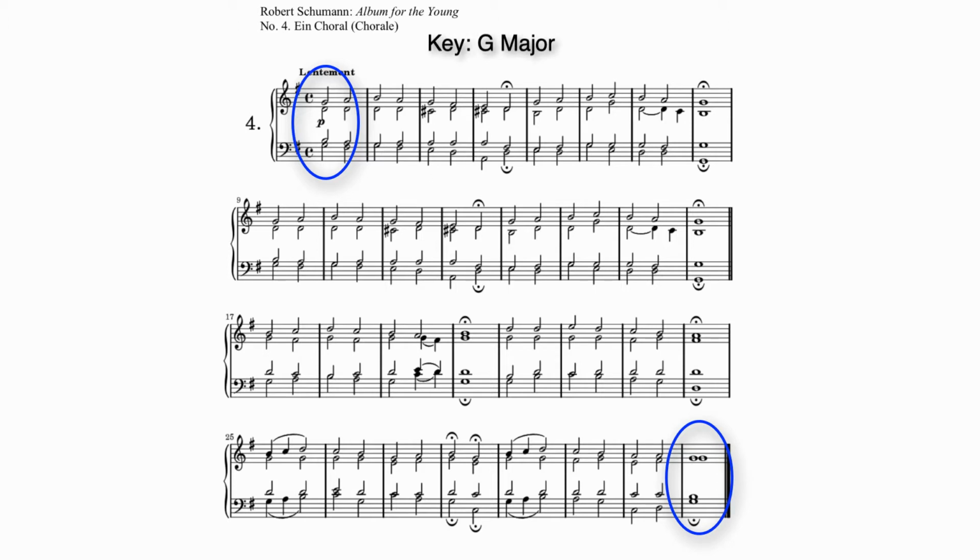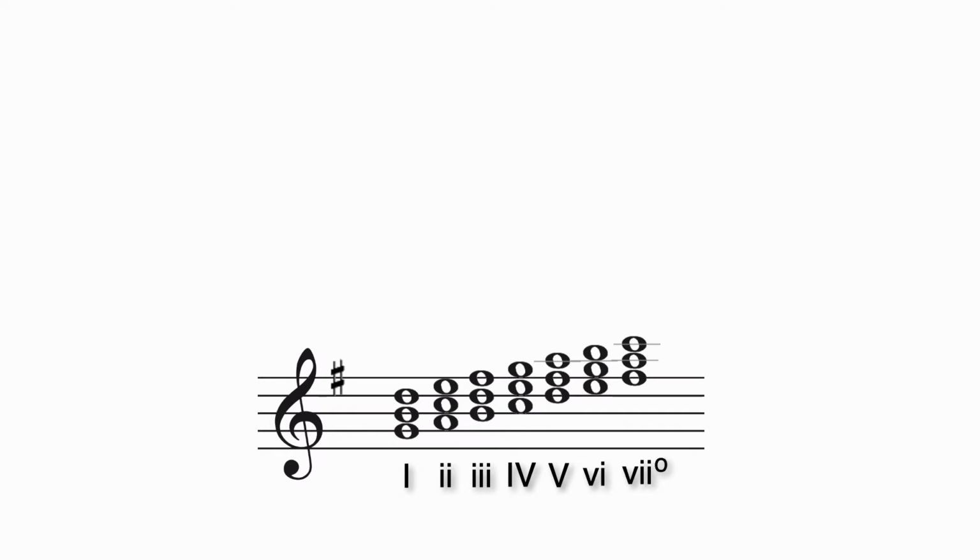So let's go ahead and make a chart of all the chords in the key of G major. We do that by writing a G scale, and then for each note of the scale, we'll write a triad. And then finally, we'll label each of those triads. 1, 2, 3, 4, 5, 6, 7.